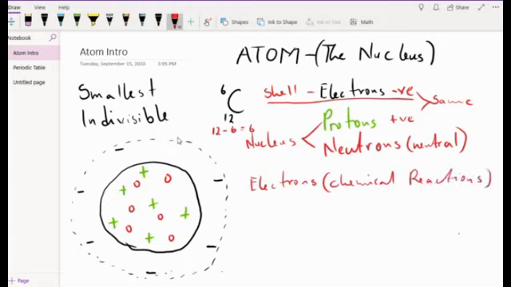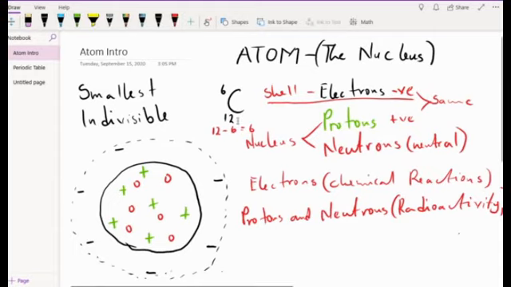But when you talk about the protons and your neutrons, you are talking about nuclear reaction, that is radioactivity. So this video is not about radioactivity, but we want to look at the nucleus of an atom. But there's no way you can talk about the nucleus of an atom without making mention of radioactivity.